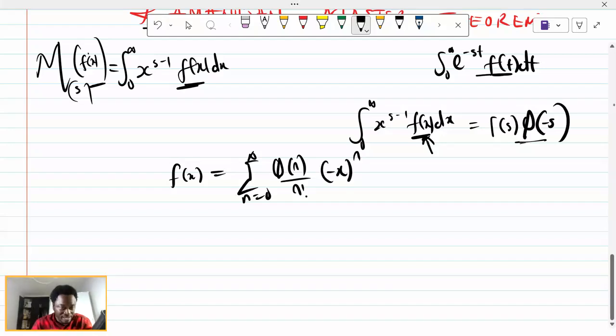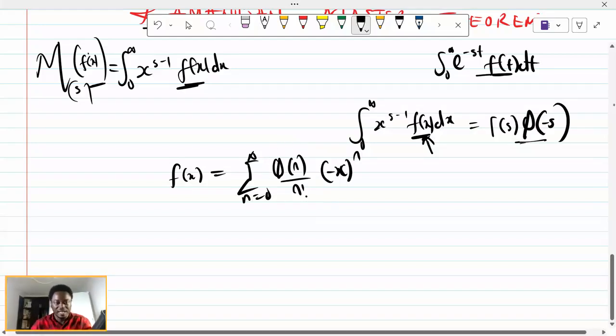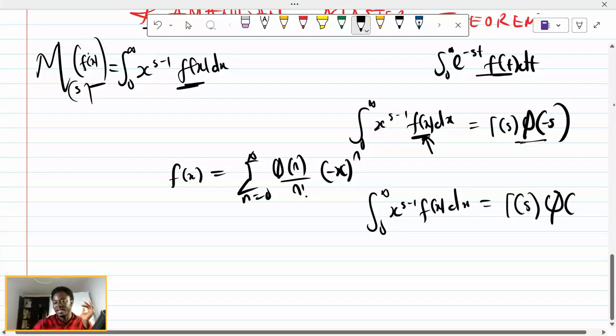There must be a negative in the x here for it to even work, and it must be in this form. If this is right, then the integral from 0 to infinity of x to the s minus 1 of f of x dx, which is the Mellin transform of f of x, would be gamma of s phi of negative s.